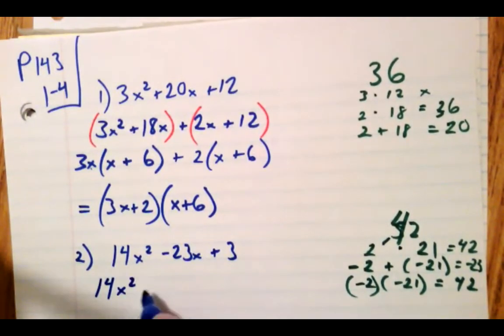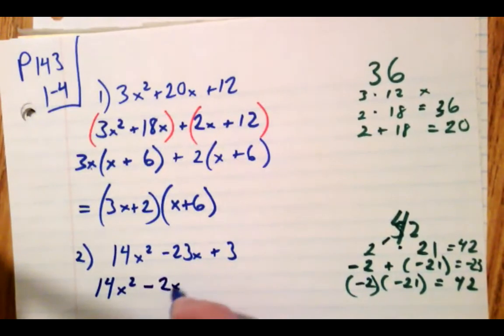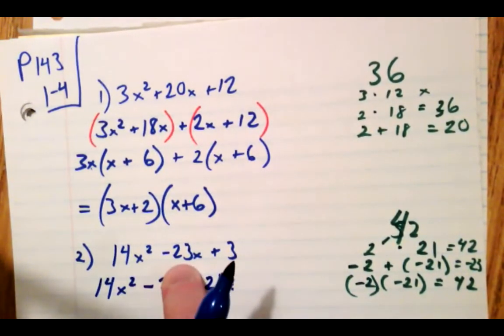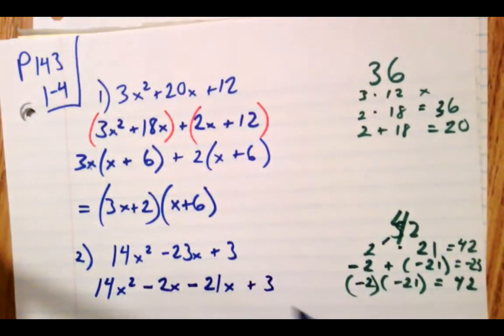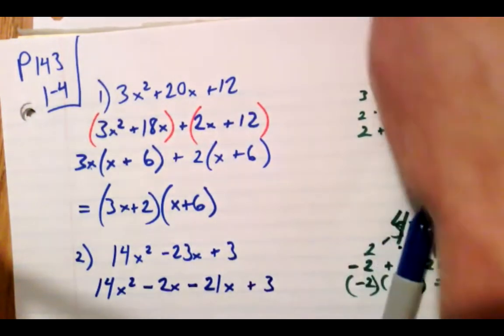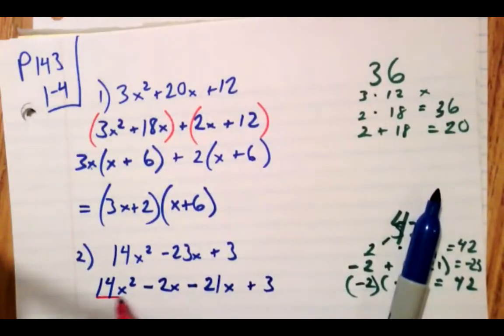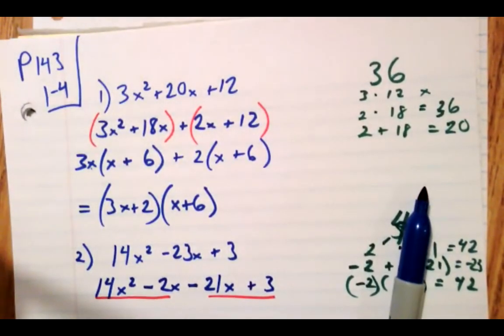Yeah, 2 goes to 14. So remember, it's negative though. 14x squared minus 2x minus 21x, because those will add up to negative 23, plus 3. Now we have to factor. Remember, we are factoring this group and this group.